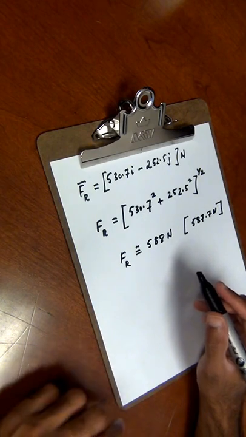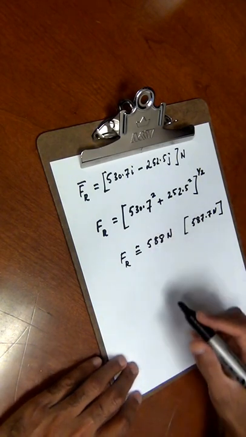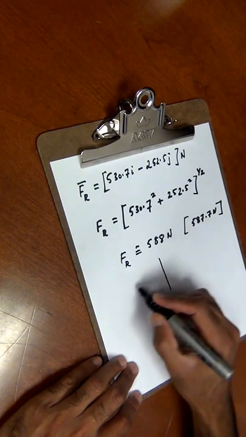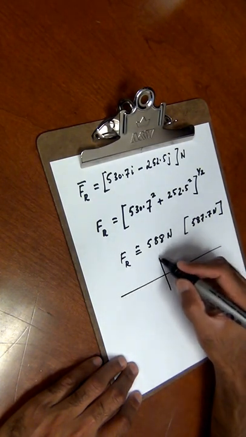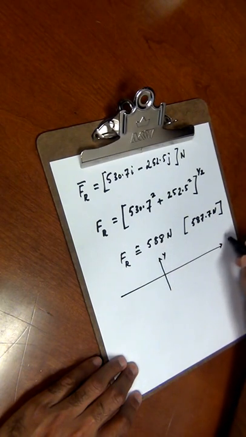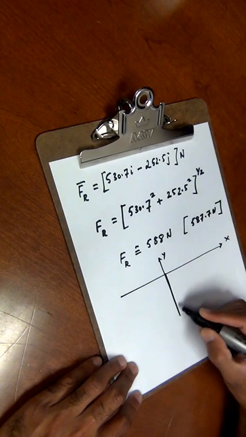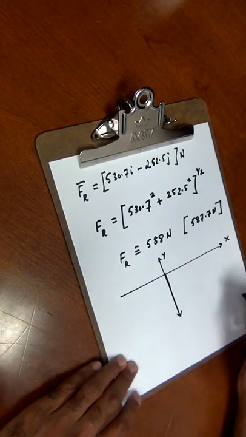Now I need to know how to represent this in the Cartesian coordinate system. So I draw the positive x and positive y directions, and I see that I will extend the y direction on the negative side here.